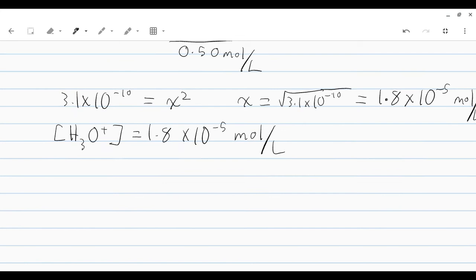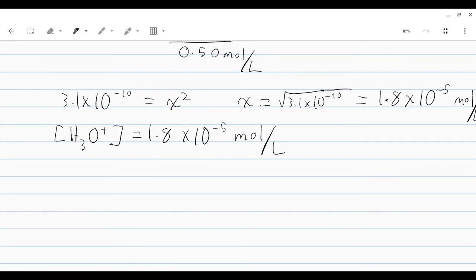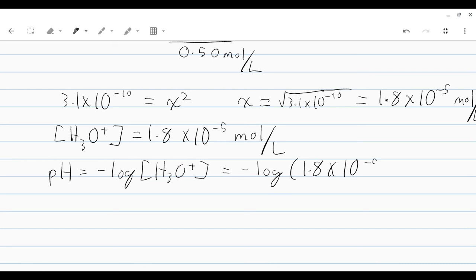We also want to find pH though. As we know, calculating pH is going to be equal to the negative log of the hydronium ion concentration. So the negative log of 1.8 times 10 to the negative 5.